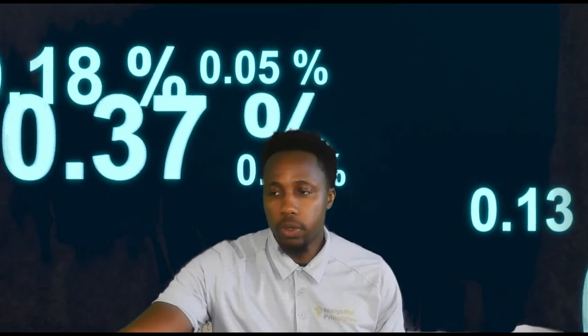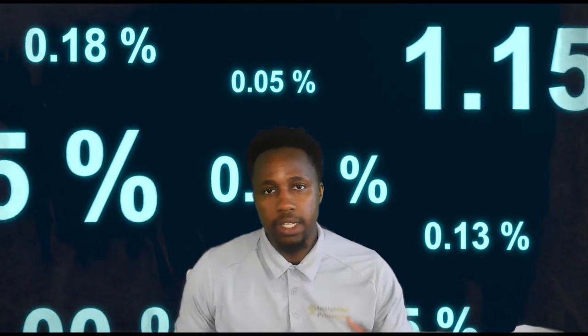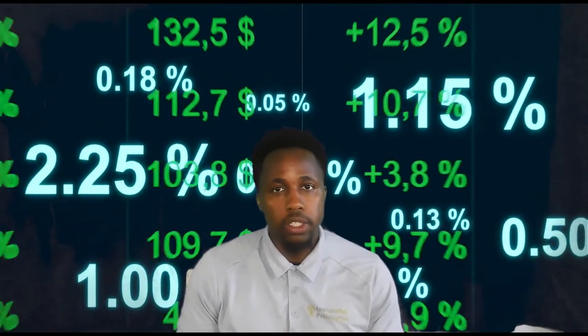Now, reserve requirements are a monetary tool that the Federal Reserve will use to either increase or decrease economic activity. By increasing the reserve requirement, the Federal Reserve is simply taking money out of the economy and increasing the cost of credit. We're seeing that right now. The Federal Reserve has come out and said that they're going to be adamant on raising rates.